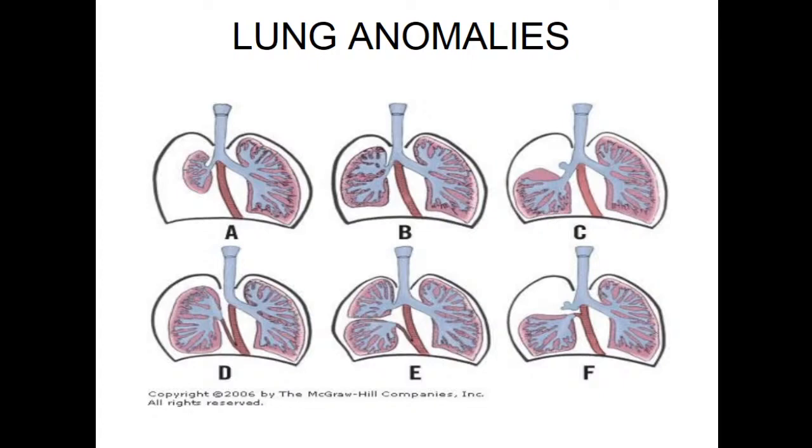And in letter F, you can see lungs without bronchus, bronchus without lungs. These are anomalies which happen in phylembryogenesis, but if it happens in a human, it leads to big problems.